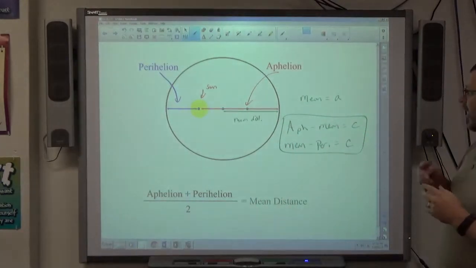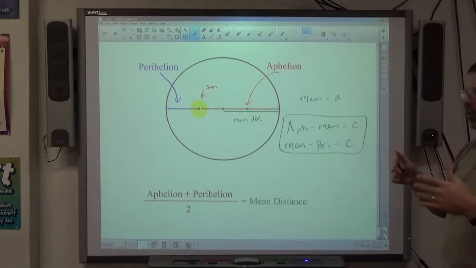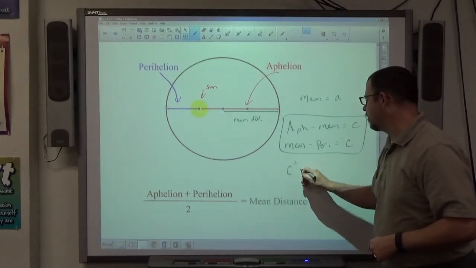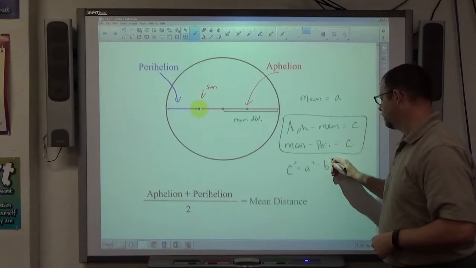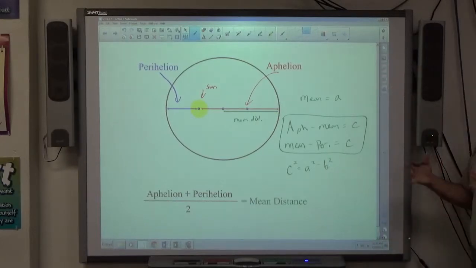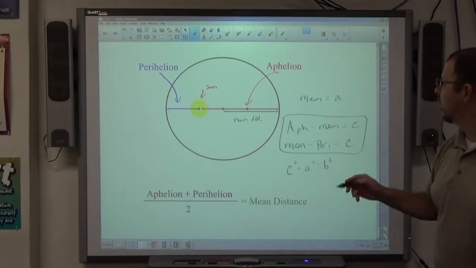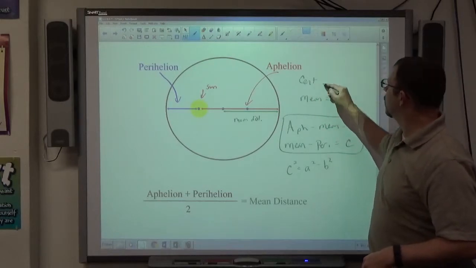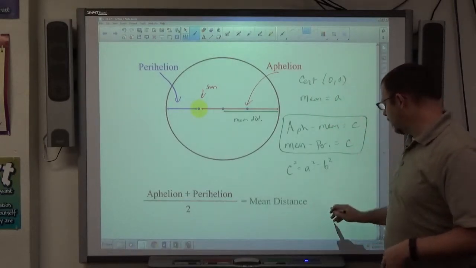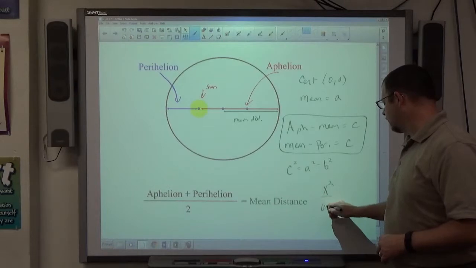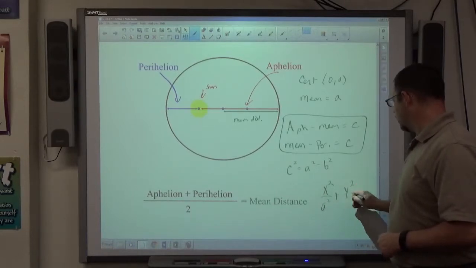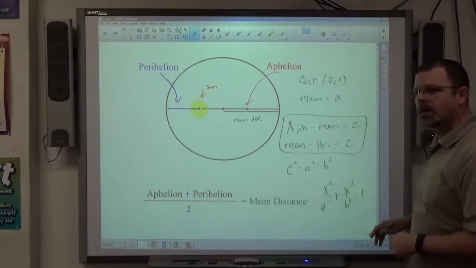I've got C. And since we're doing a horizontally positioned ellipse, I know that C squared is equal to A squared minus B squared. So if they give us 2 out of these 3 things, we can very easily identify A and C. Then we can use C squared equals A squared minus B squared to find B. The center is going to be 0, 0, so our equation of the ellipse is x squared over A squared plus y squared over B squared equals 1.